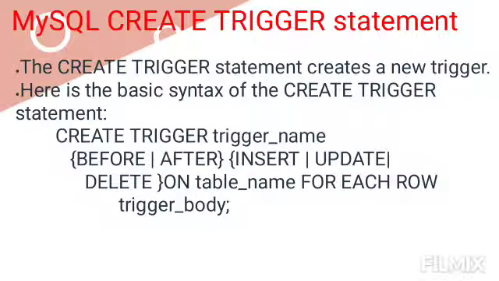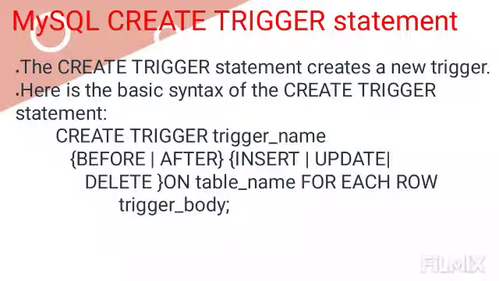Then we specify the operation that activates the trigger, which can be insert, update or delete statements. After that, we specify the table name to which the trigger belongs after the on statement. Finally, we specify the statement to execute when the trigger activates.